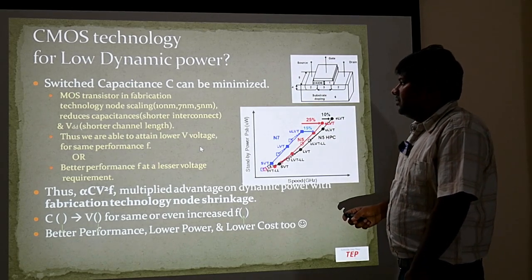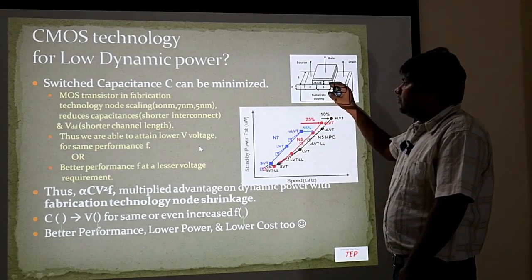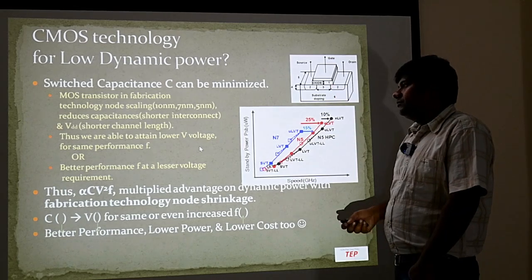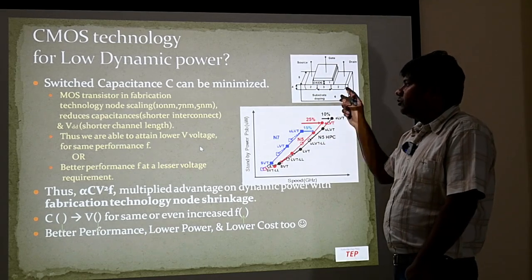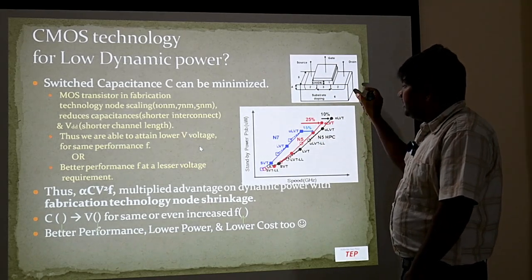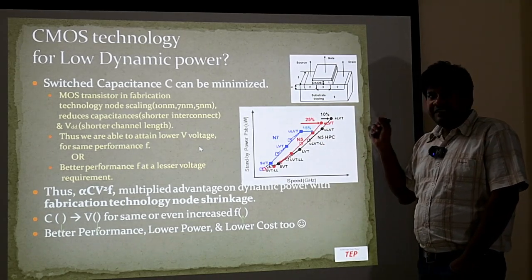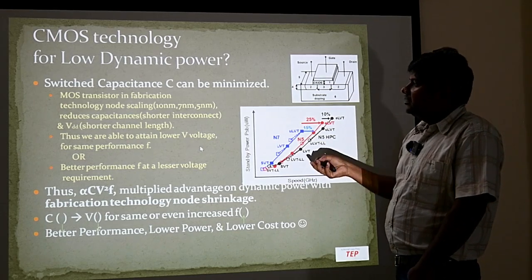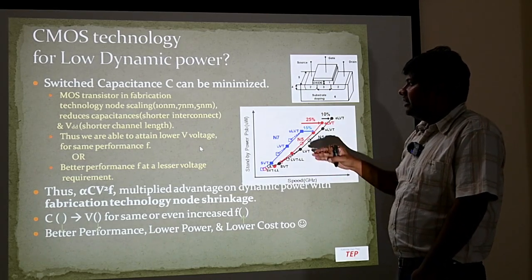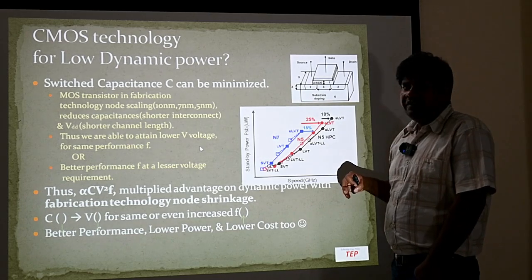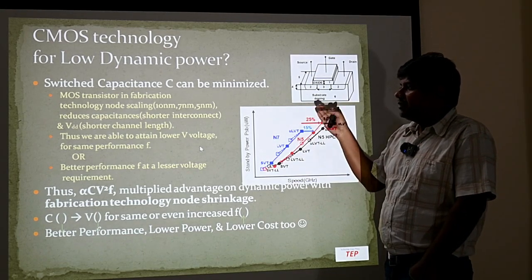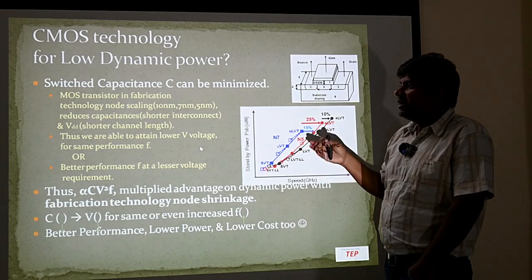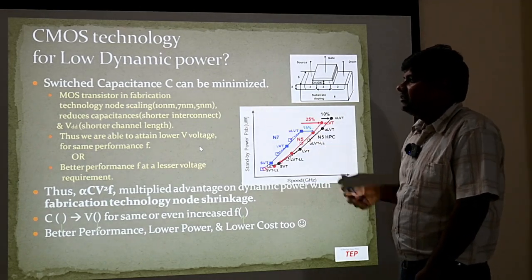Okay, so what comes as an effect? As an effect of technology node scaling, for the same performance a lower VDD is required. So with this scaling, for the same performance we have reduced dynamic power, CV squared F, as VDD is reducing.